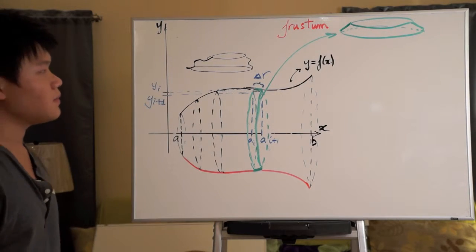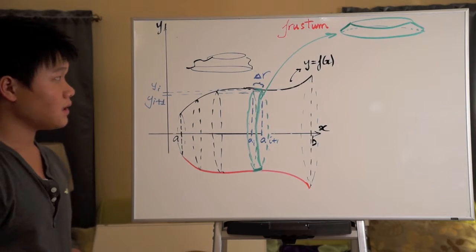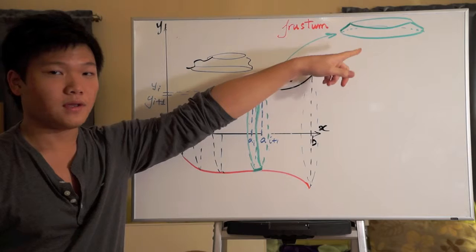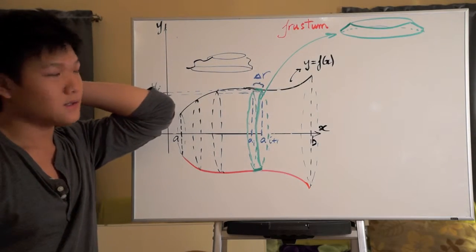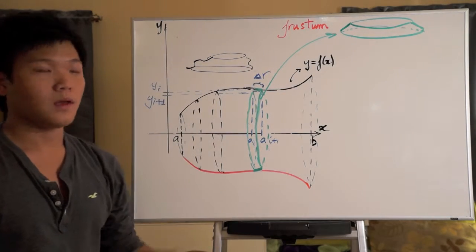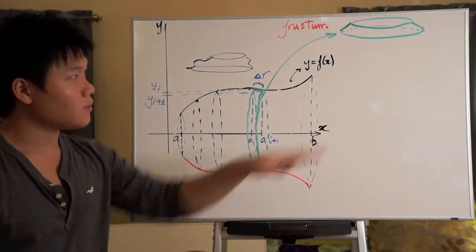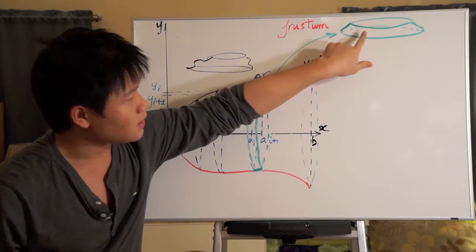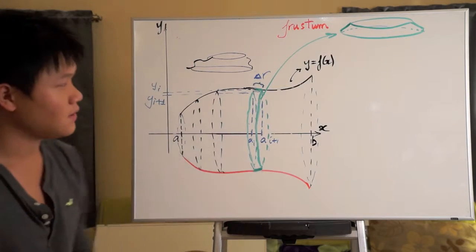So we have a frustum instead of a curved surface like this. Here's the frustum, but it doesn't have anything inside, so it remains just a surface and doesn't have any volume. Well, it can have a volume, but what we're interested in is the surface area of this thing.